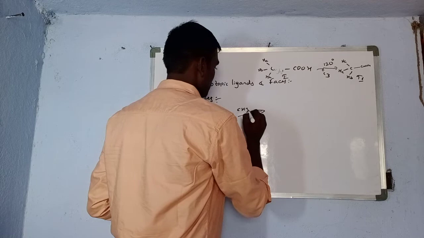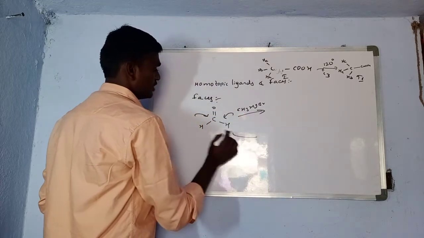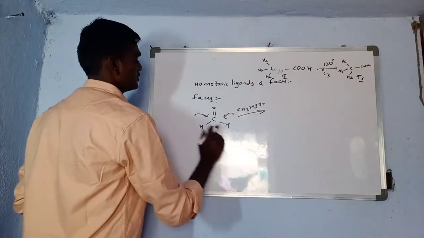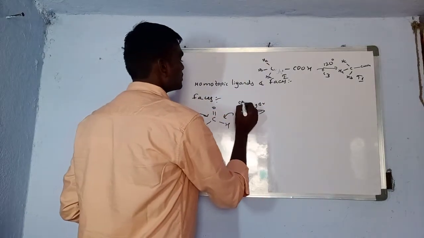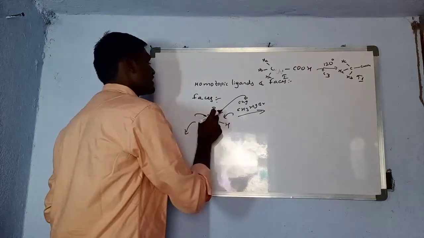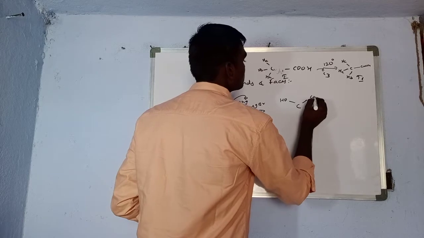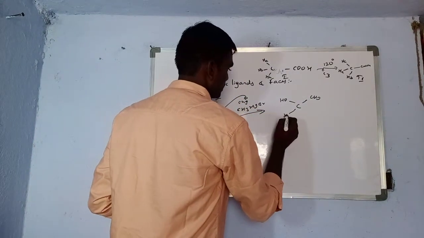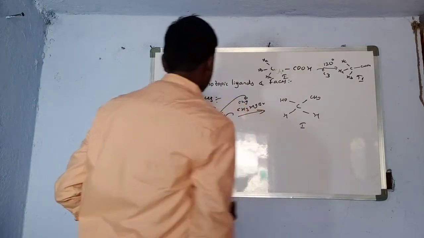When we take methyl magnesium bromide, CH3 minus will attack on this carbonyl, it moves like this, and it forms a product like this.